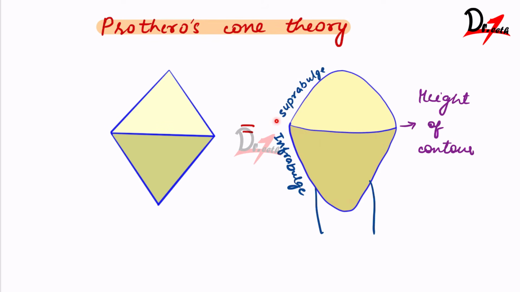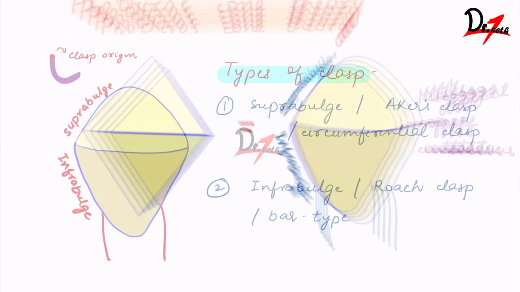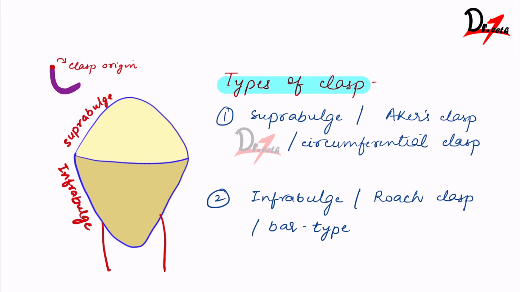And based on these two terms, we have the suprabulge and the infrabulge clasp. The clasp which engages the tooth from the superior side is the suprabulge, and the one that engages from the apical portion, infra meaning below, is the infrabulge. So with this we come to the types of the clasp.